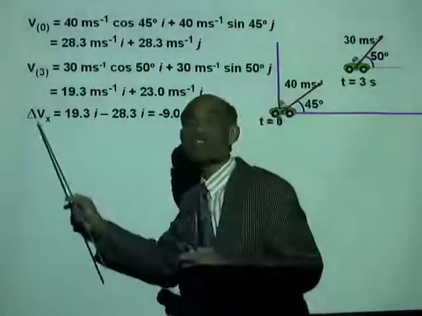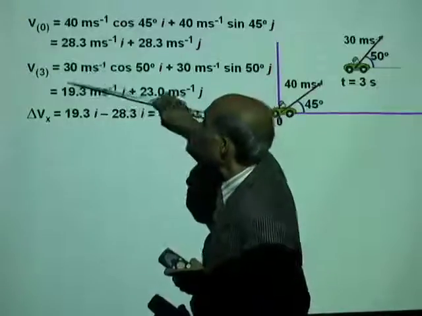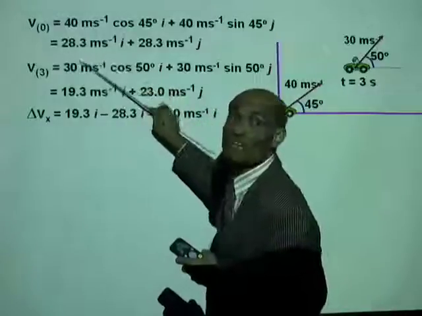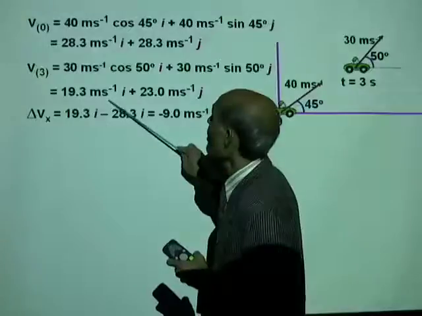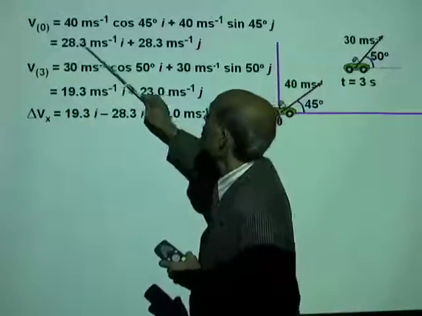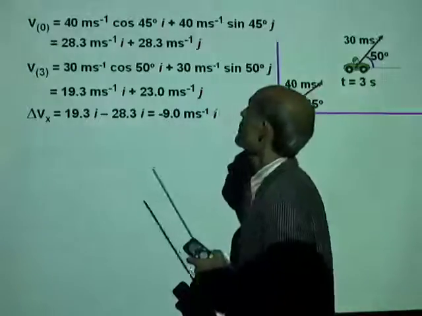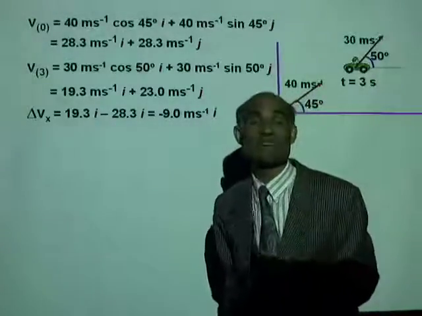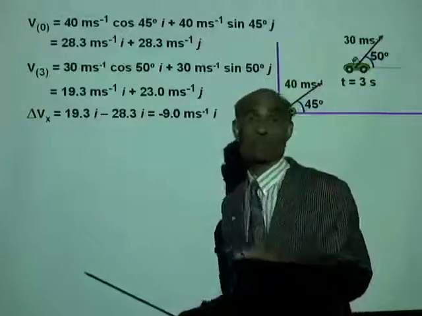The change in the x velocity. The change in the x velocity will be the final x velocity minus the initial x velocity will be 19.3 minus 28.3 i. That will be negative 9 meters per second i.